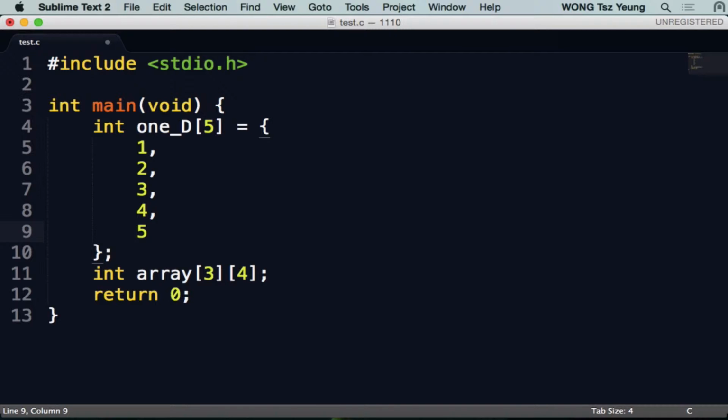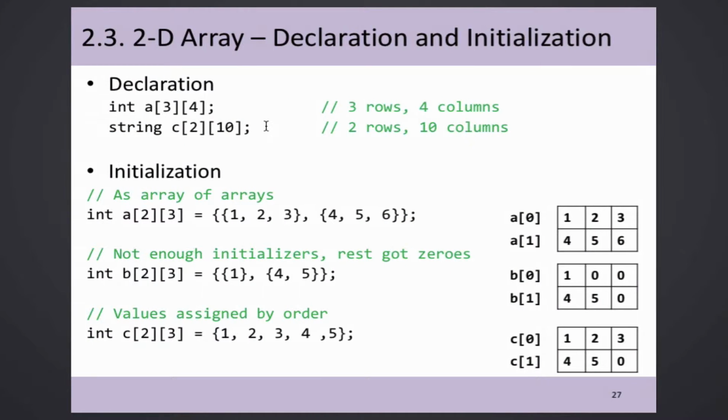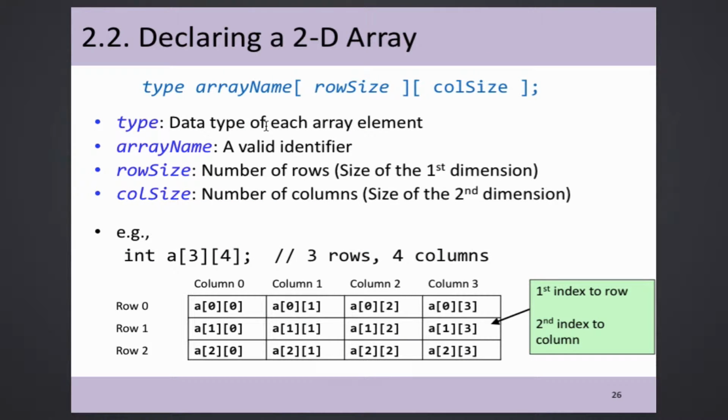Now how about the 2D notation? You first have 3 rows, and each row is basically another array. You have 1 row, and each row itself is a 1D array of 4. One row, 4 items, another row, 4 items.